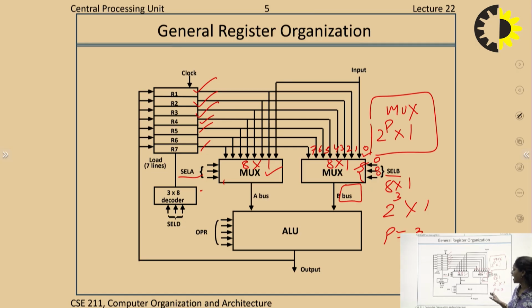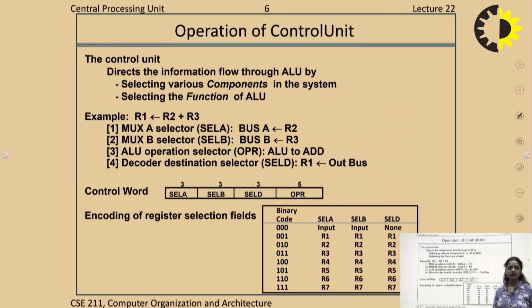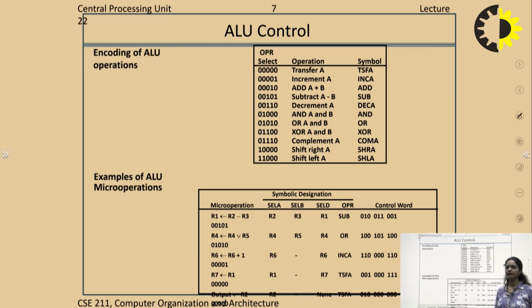Further, we can see that the ALU is connected with the two multiplexers to perform arithmetic and logical operations. As we can see in this operation code diagram, we have arithmetic operations which include transferring of a value, incrementing A, adding the contents A and B, meaning two operand addition, subtraction, decrementing an operand, ANDing, ORing, XORing, and complementing of a single value, along with two shift operations, shift right and shift left.